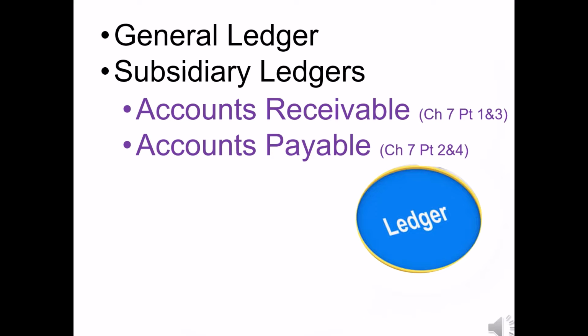And we just learned about the subsidiary ledgers, two of them, the accounts receivable subsidiary ledger and the accounts payable subsidiary ledger. Both of those keep track of all of the amounts that are owed to us for payments on account and the amounts that we owe to others for purchases on account.